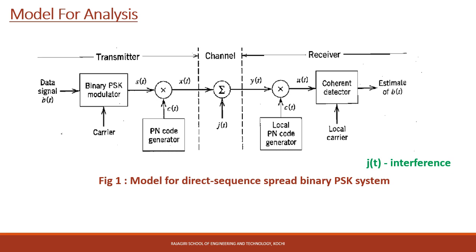At the receiver, the received signal is first multiplied with the PN sequence C of t, generated by a local PN code generator, and the output is denoted as U of t. This U of t is given to a coherent detector, which is supplied with the carrier, to produce an estimate of the transmitted binary sequence B of t.